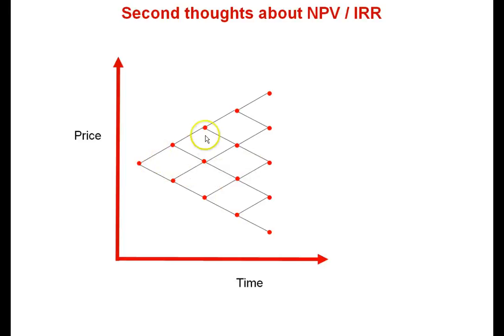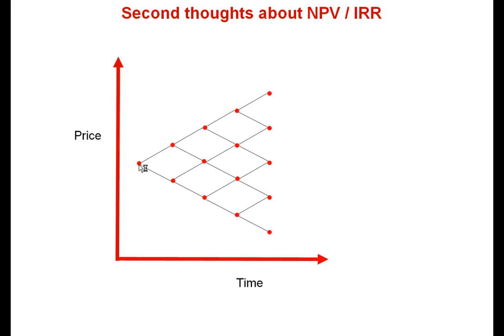So as we go through this lattice, as it's called, we can take different paths, and since we don't know what's going to happen in the future, we can say, well, this is our present valuation, this is the net present value, and we don't know if the value of the project is going to go up or down.